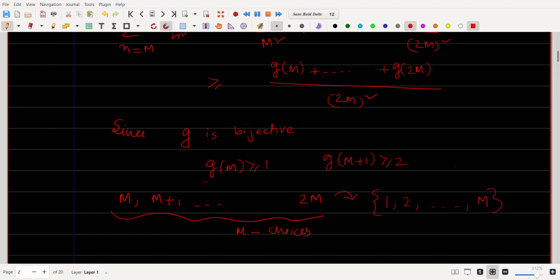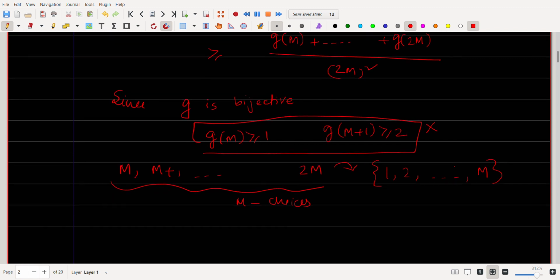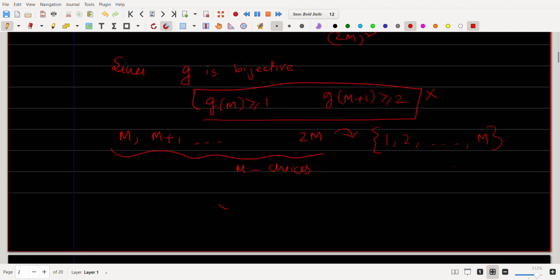So this statement is not properly correct, because it may happen that G of M plus 1 is 2, or G of M plus 1 is 1 and G of M is 2. That can also happen, but as a set this is true. So that's why this sum will be greater or equal to the sum of 1 up to M by 2M square.